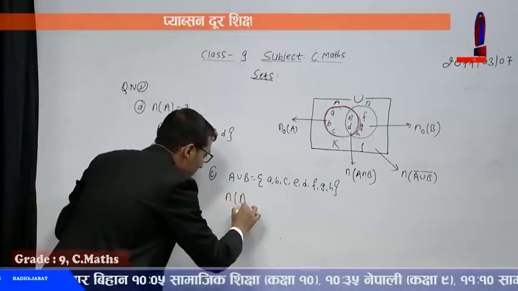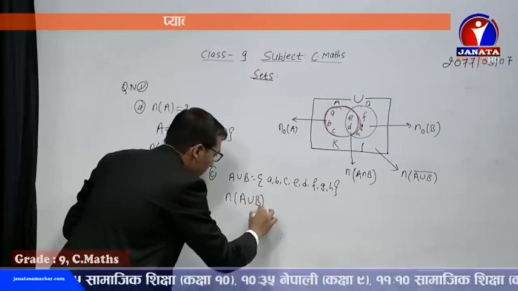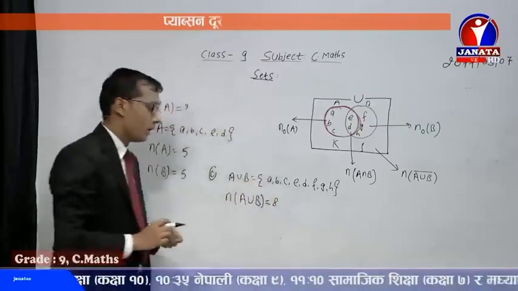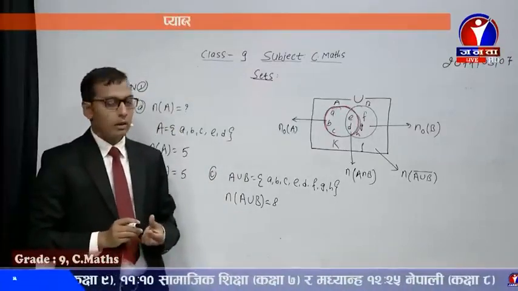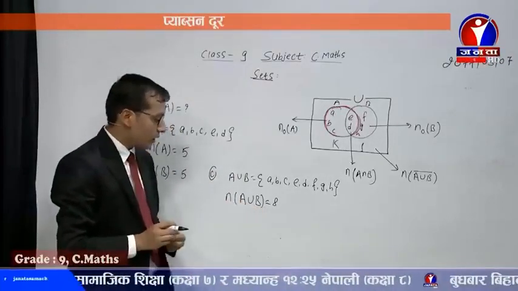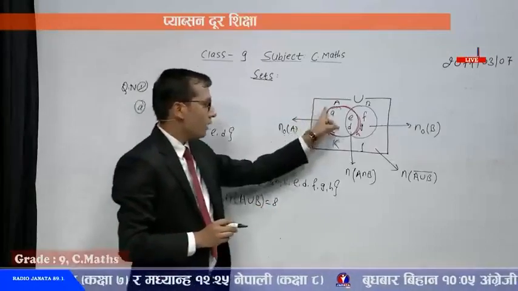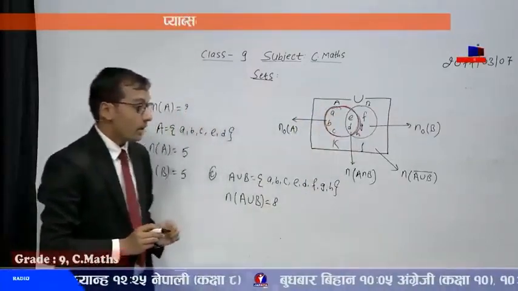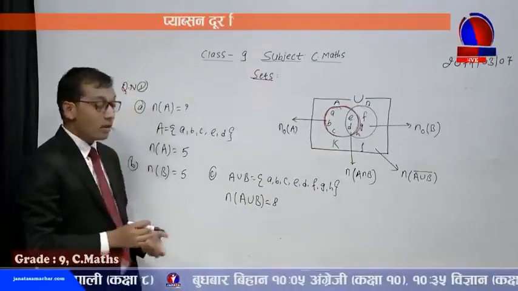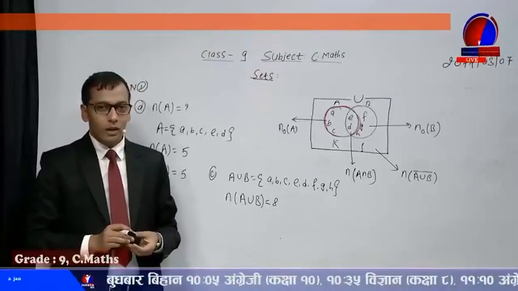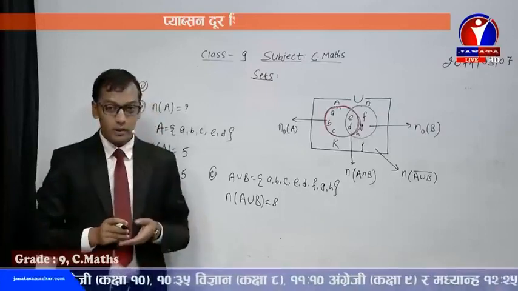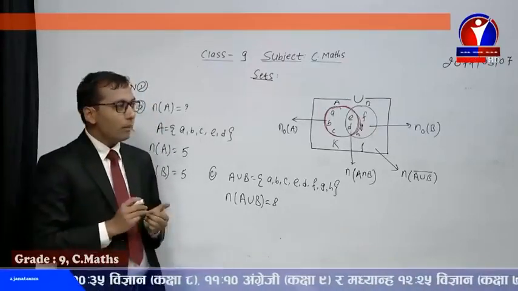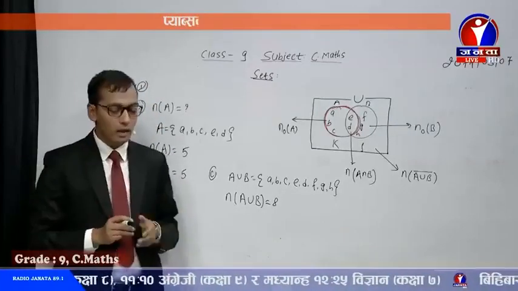So n of A union B is 8 because there are a total of 8 elements. Similarly, next one is the intersection. Now, I hope we can do this question. It's simple, n of A intersection B.